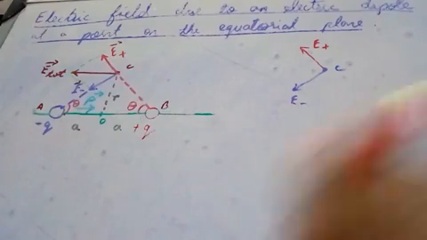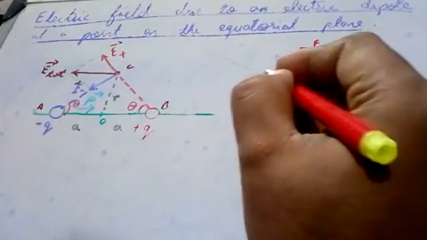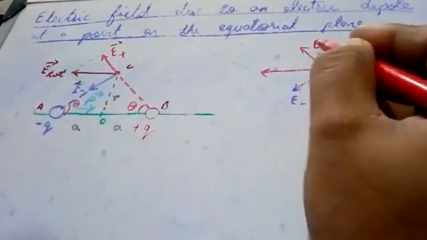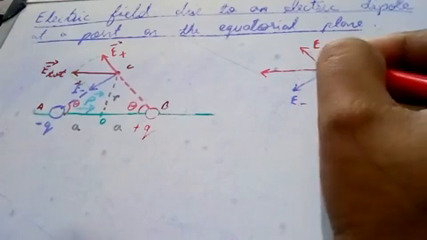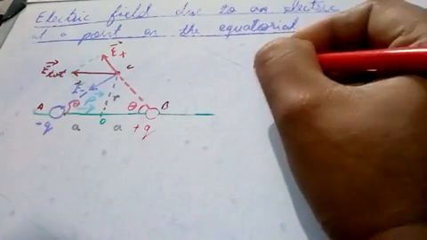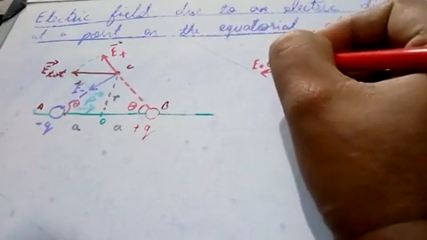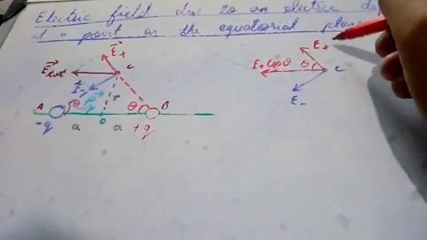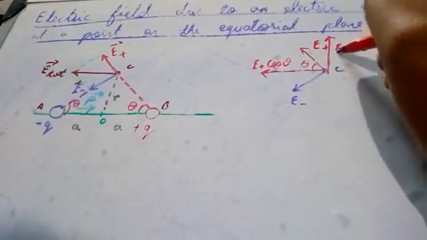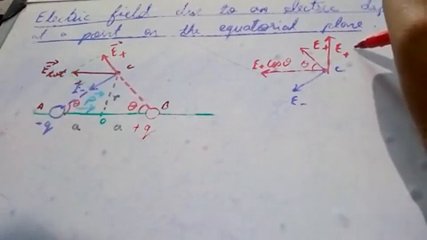The horizontal component is E plus cos theta, where this angle is theta, and the vertical component is E plus sin theta.